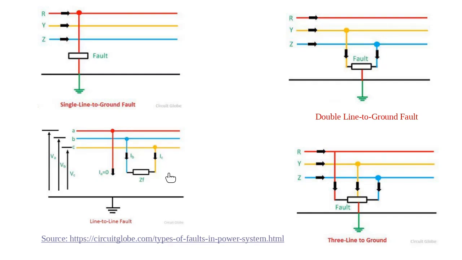Because these two are in fault. They touch each other, so a short circuit happens here. So all the current will flow through these two lines. Similar for this one here. Most of the current will flow on the phase that touches the ground. It's like a sink. All the current will flow to the sink.